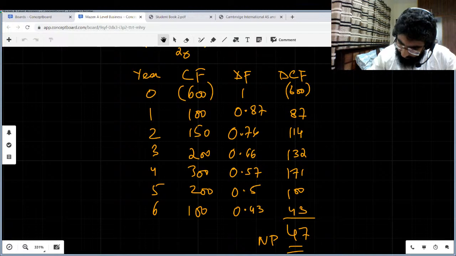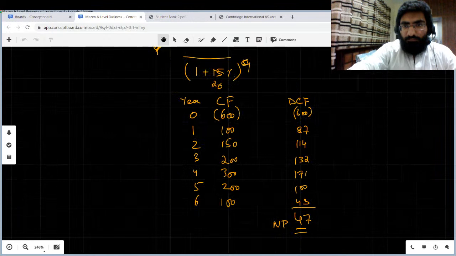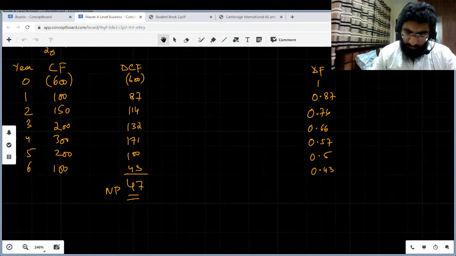So I move this a bit over here. So this is my discount factor column, and this was for project A.